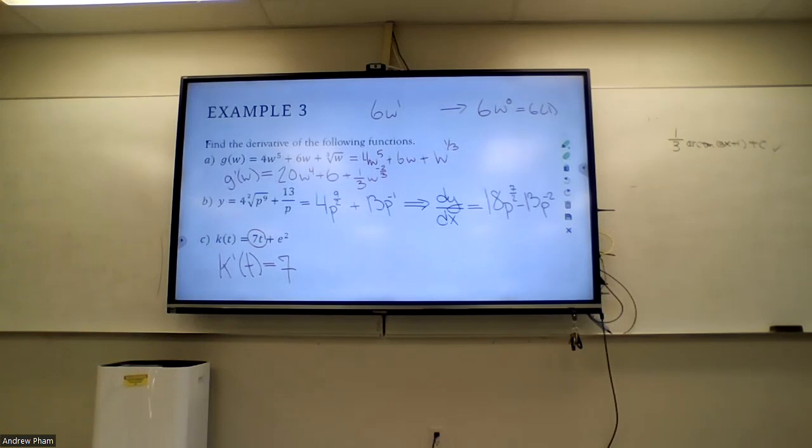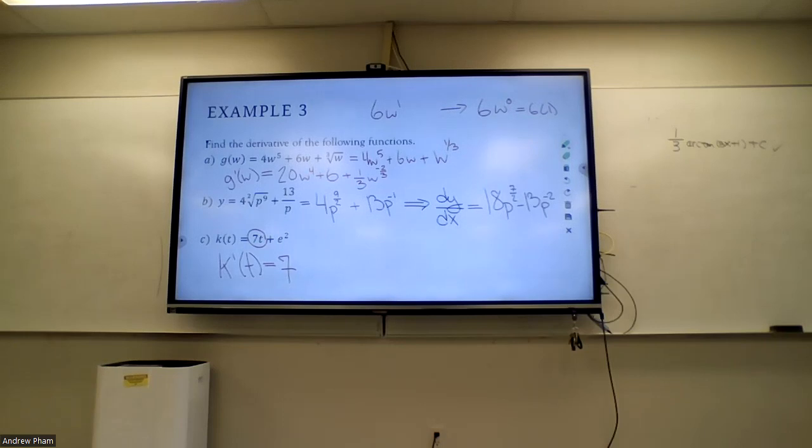As you can guess by me stopping and pausing here, the derivative of e squared is not going to be 2e. Not e squared. First off, what is e? What is that value equal to? E is like 2.71 something like that. E squared is just some other number, 2.71 squared.